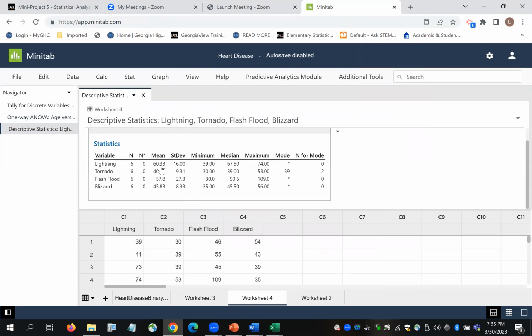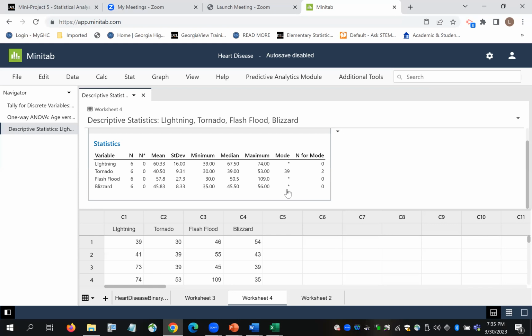Okay, the mean for lightning was 60, the median was 67, and there was no mode. For tornado, it was 40, 39, and 39. For flash flood, it was 57, 50, and there was no mode.